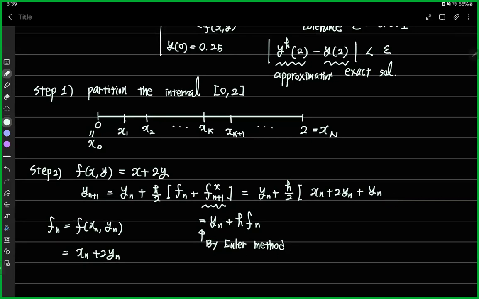And then plus h times f sub n. So here f sub n is this, equal to x sub n plus 2y sub n.